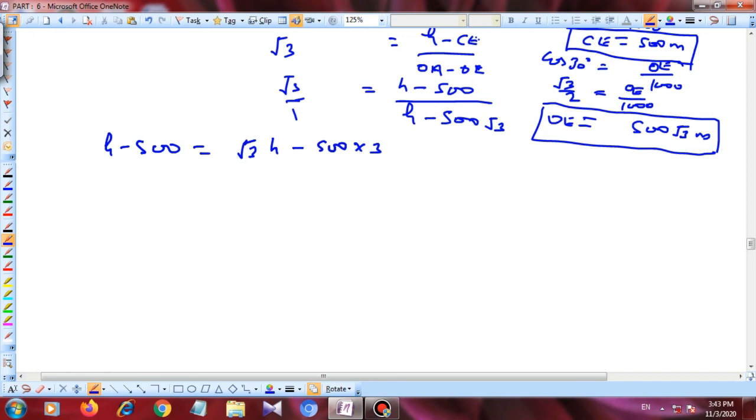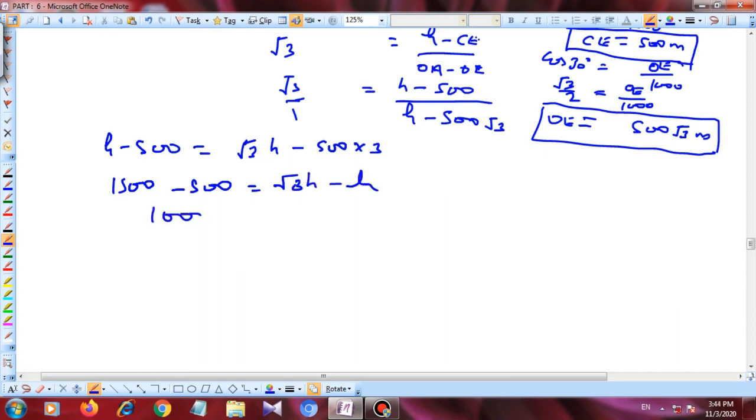Root 3 into root 3 becomes 3. Now transfer this, then you will get 1500 minus 500 equal to root 3 H minus H. Clear?